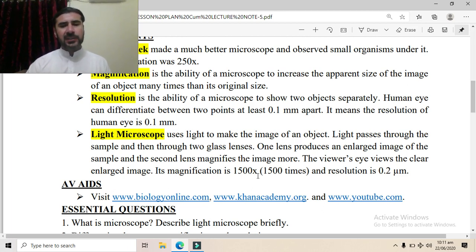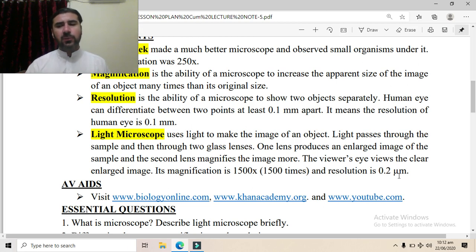Its magnification is 1500x and the resolution is 0.2 micrometer. The normal light microscope can enlarge the image of an object up to 1500 times.